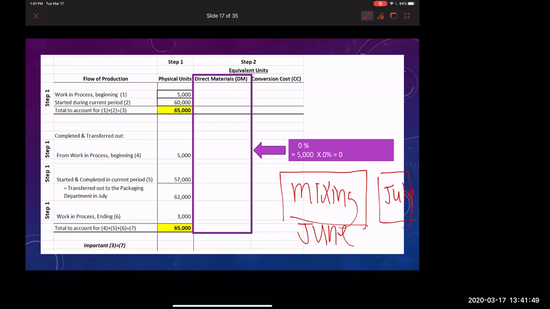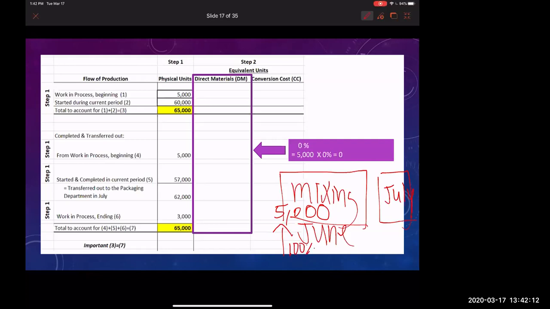Same department, right? So they started working on 5,000 gallons, but they didn't finish all 5,000 gallons. But when they first started working on these 5,000 gallons, 100% of all direct materials was added at the beginning of the process.